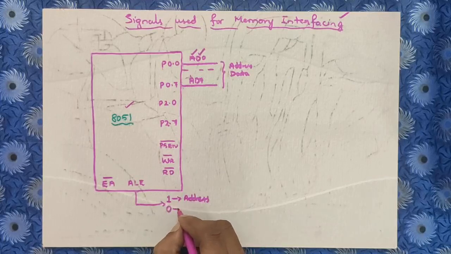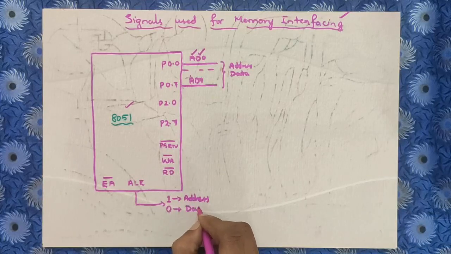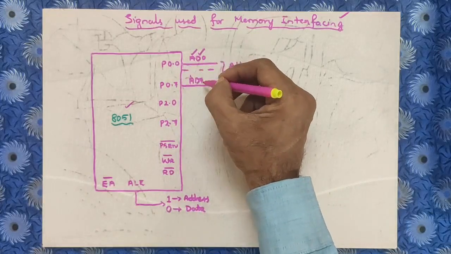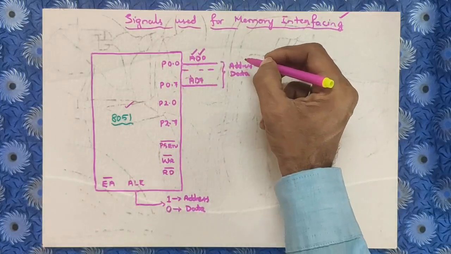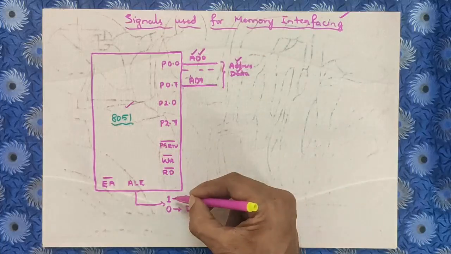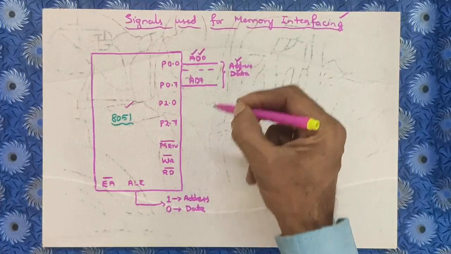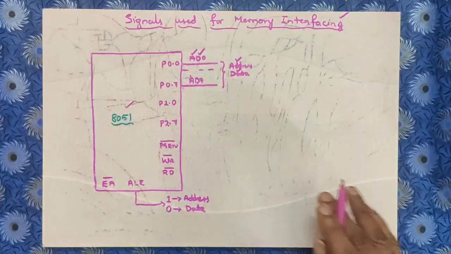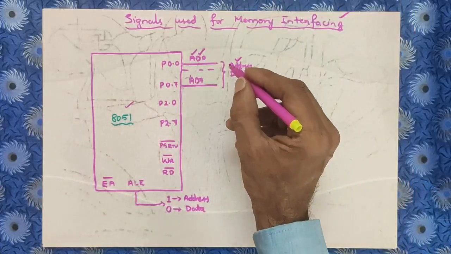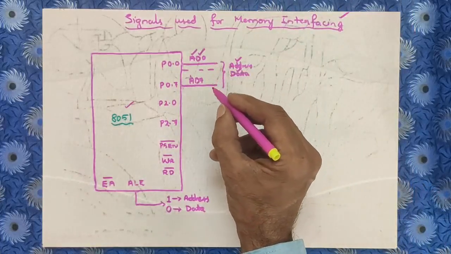If ALE carries 0, then it is data. Hence these 8 lines can act as address as well as data lines. If ALE is 1, it is address. If ALE is 0, it is data. In this multiplexed way, P0.0 to P0.7 acts.